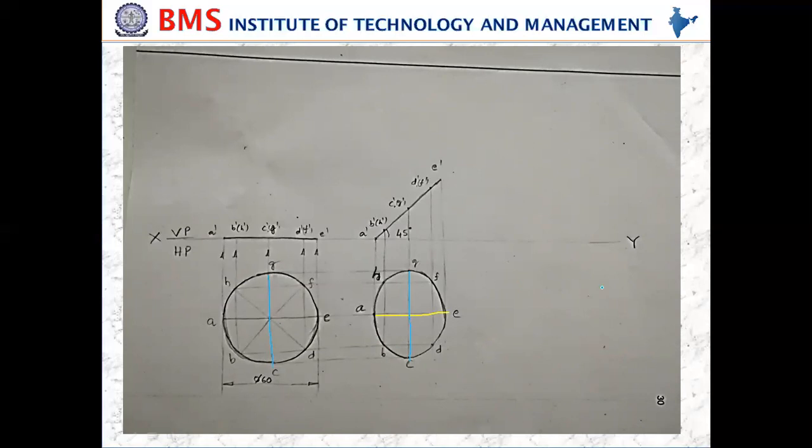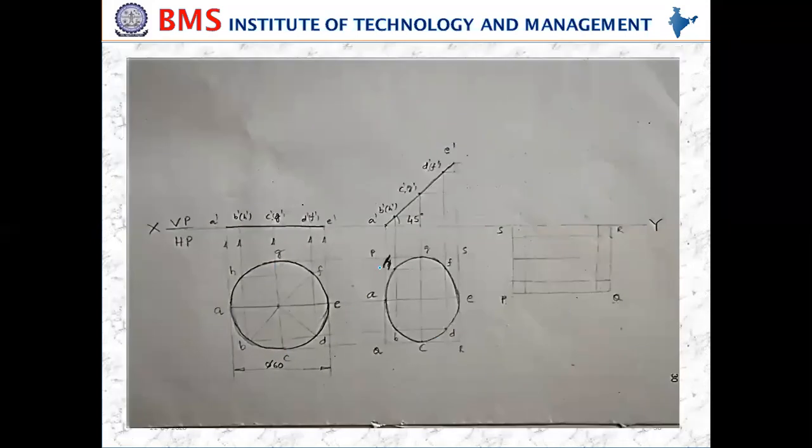So how to draw this parallel to this? You need to once again enclose this in a box, like this. Enclose this in a box. So you need to get the PQRS here. This PQRS is to be drawn here.